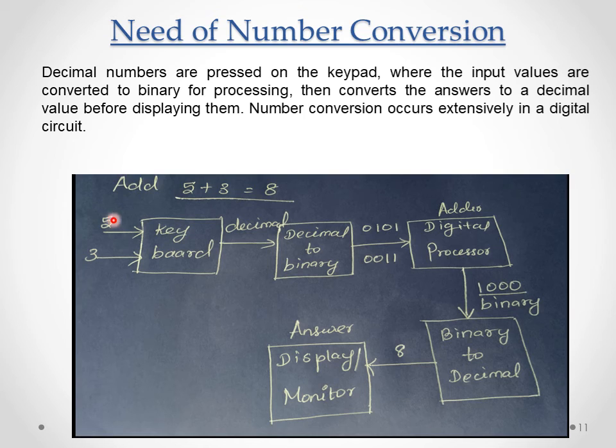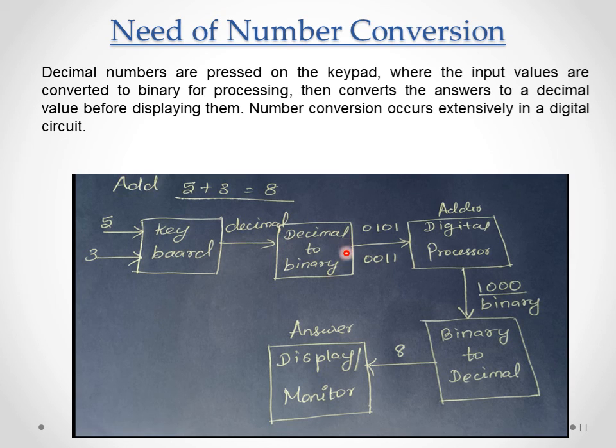So I am pressing 5 plus 3 equal sign through the keyboard. This is represented in decimal form. We are using this decimal keyboard in our computers. So first 5 plus 3 is in decimal form.